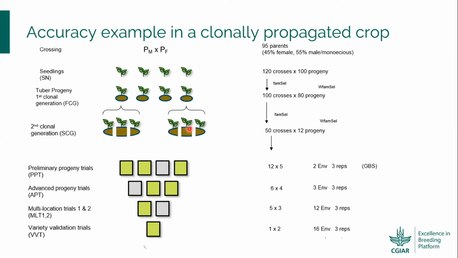But because the accuracy comes only from one environment, one rep, and a particularly small plot, the heritability is so small that they say they don't use that data, and they wait until they are here, and more in general, they keep advancing their products.